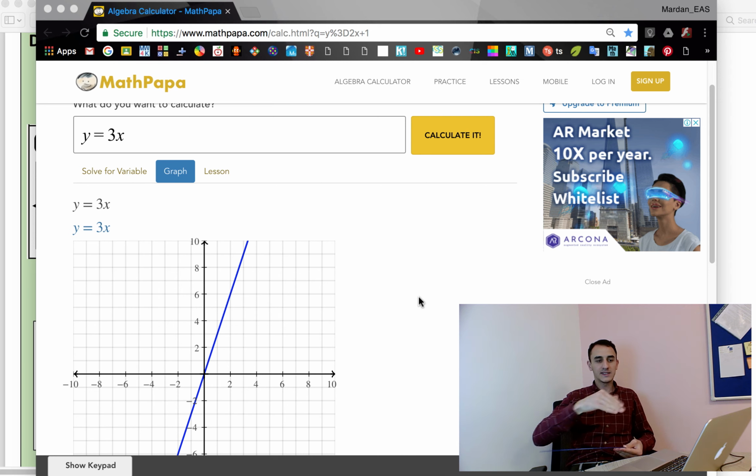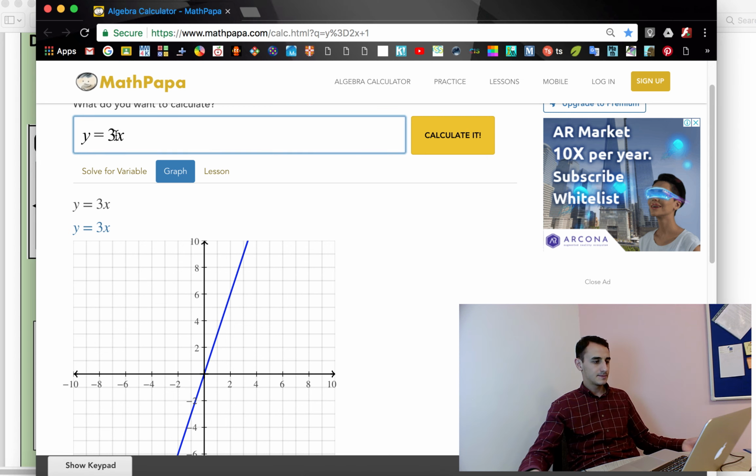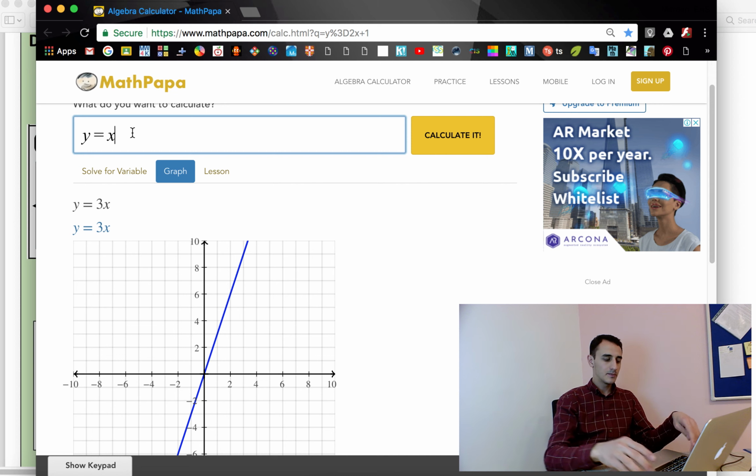Let's see what we add and subtract in the next step. For example, 3x minus 4 or 3x plus 2. Let's see how these numbers affect the line. For example, let's try just single x plus 5. Okay? x plus 5.